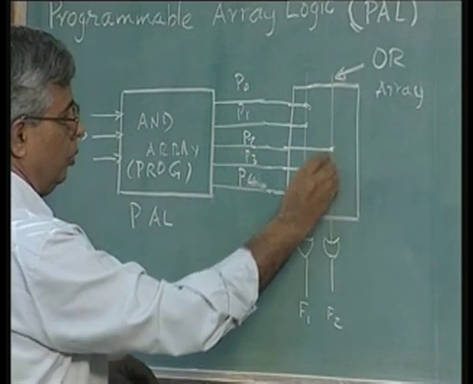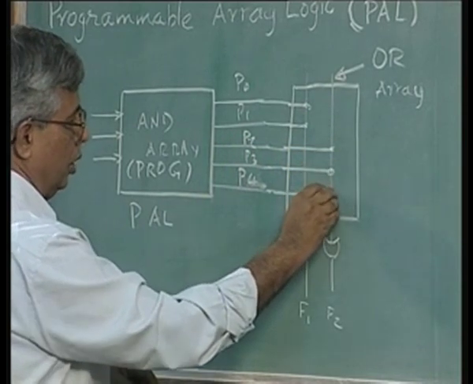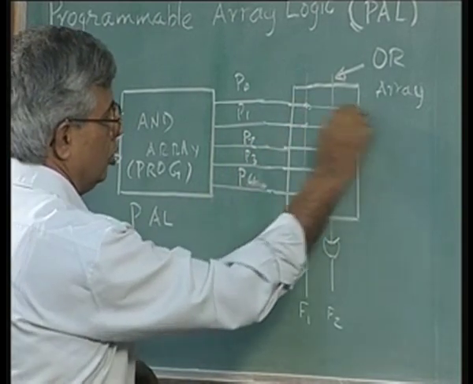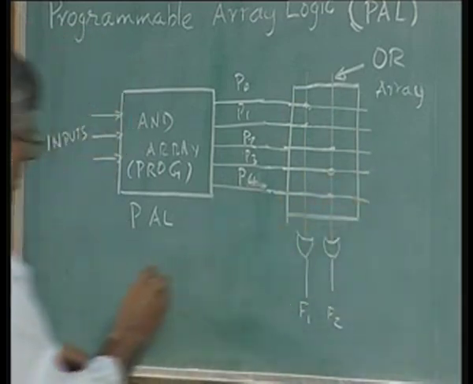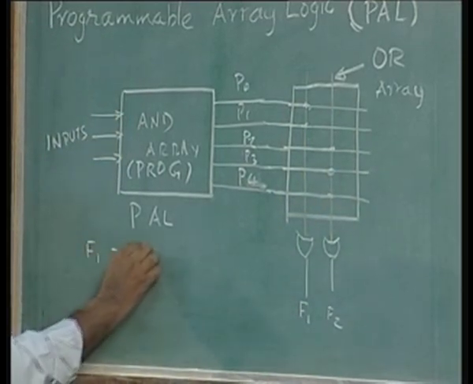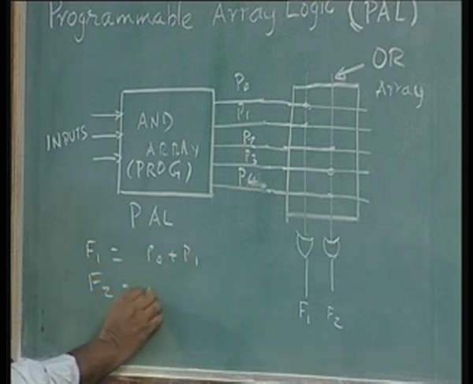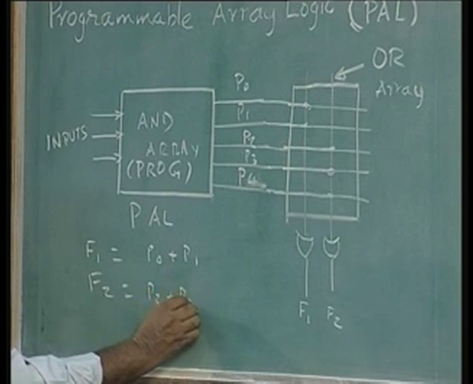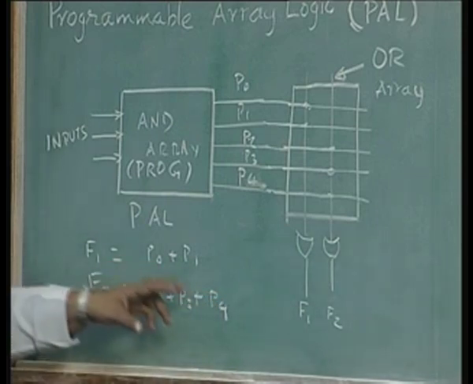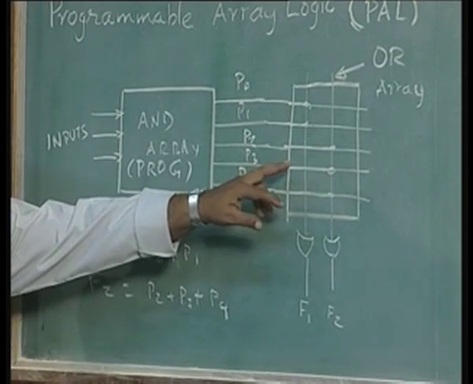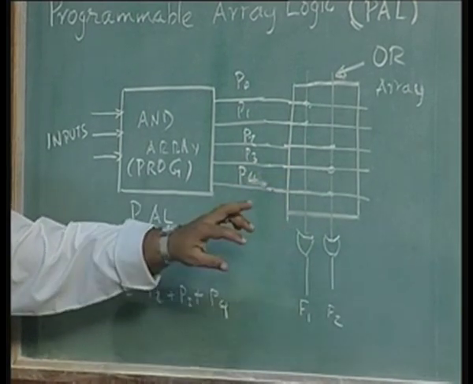So, my F1 is P0 or P1, F2 is P2, P3, P4. Now, we have removed a certain amount of flexibility from the OR array.